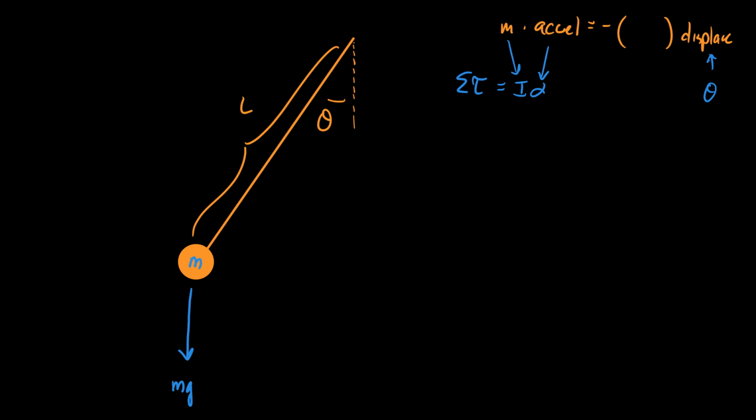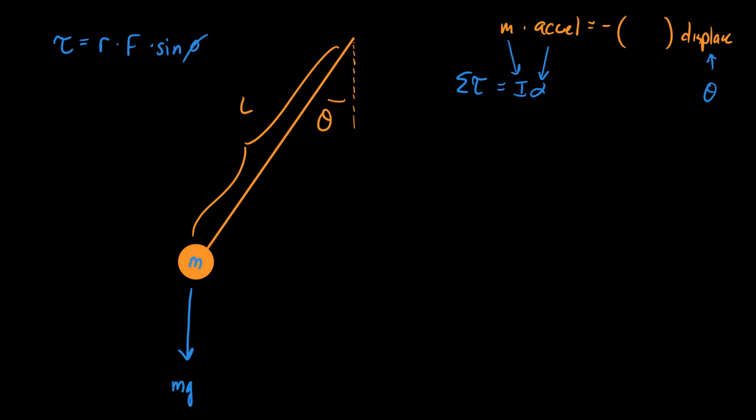All right. Is it true that there's an unbalanced torque that acts on a pendulum based on what I've drawn right here? If you remember how that works, torque equals R times F times the sine of an angle. What do you think R is in this case? What is the length of the torque arm?